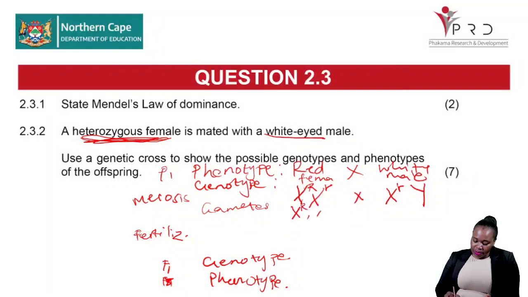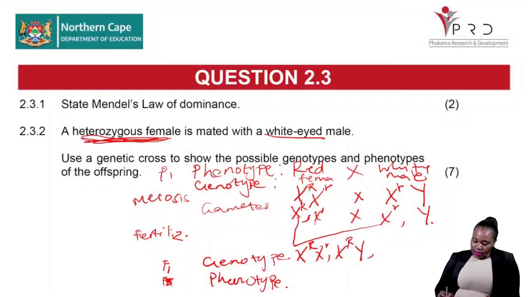Remember, the gametes are the same as your genotype, just show that you have separated them. And then X small letter r, Y. Fertilization happens, you're going to cross them. When you cross them, you start with the first one, X, and that one. Therefore, you have X capital R, X small r, and then X capital R and Y, and then X small r, X small r, and then lastly, X small r, Y.